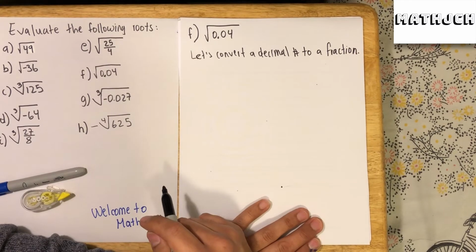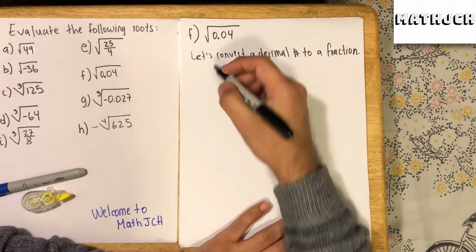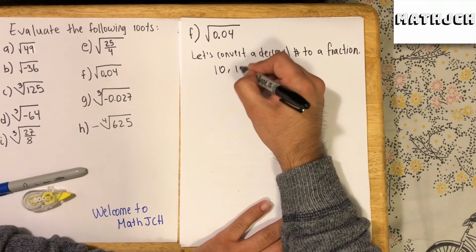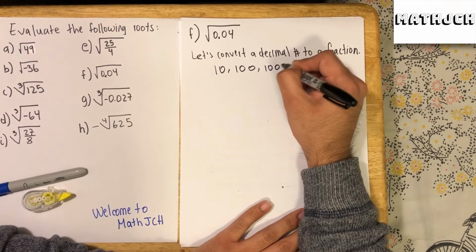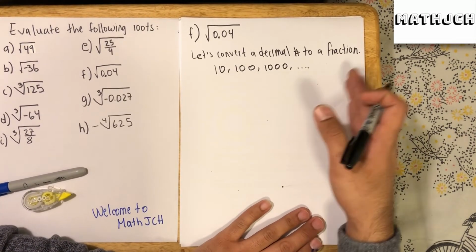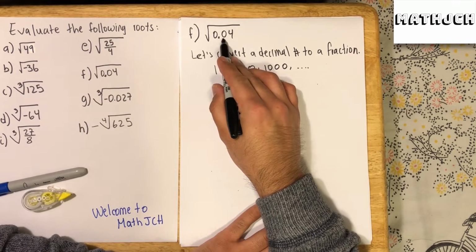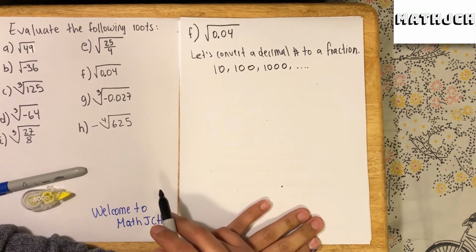Okay, so the numbers that are always used to convert a decimal to a fraction are the following: 10, 100, 1,000, and so on. It could be 10,000, it could be 100,000. Depends on how many numbers after the decimal point we have.